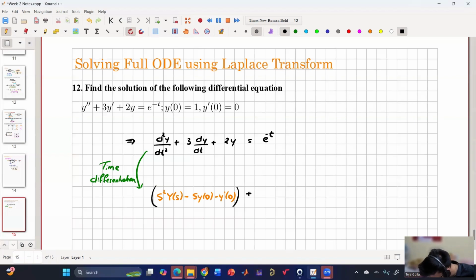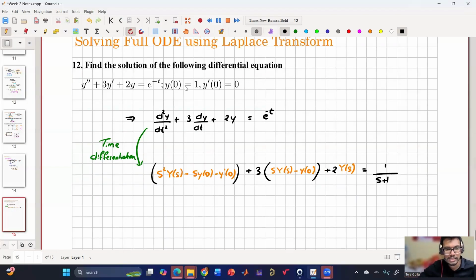Next we have plus 3 into s into y of s minus y of 0. For the last term we have plus 2 into y of s is equal to the Laplace transform of e to the power minus t, which is 1 by s plus 1.